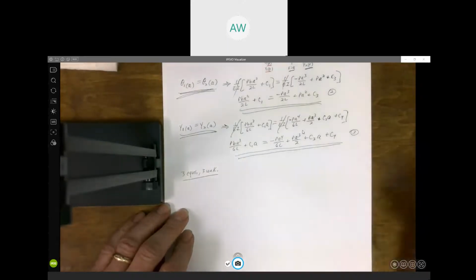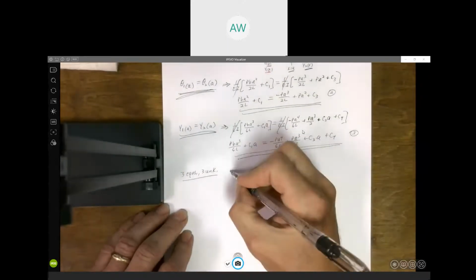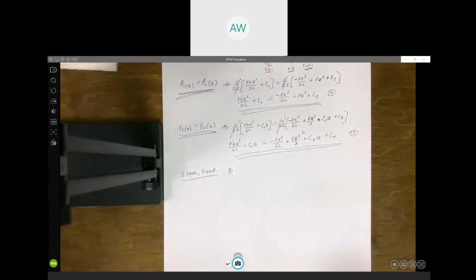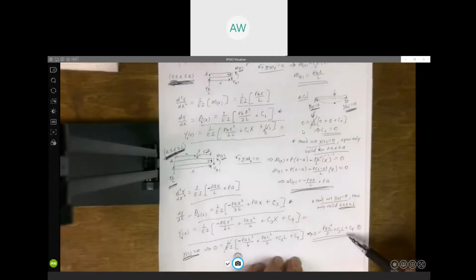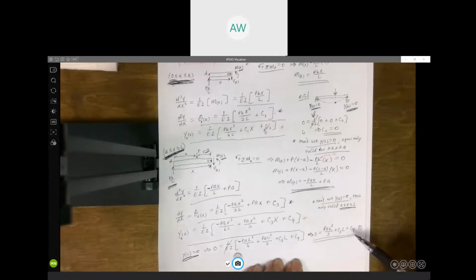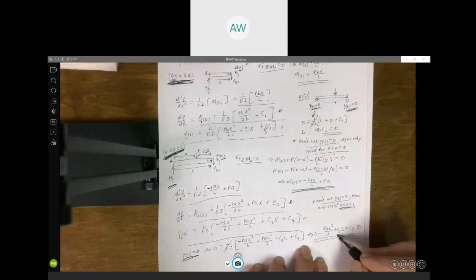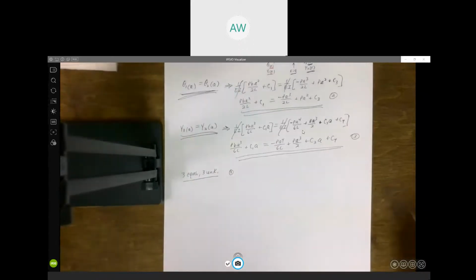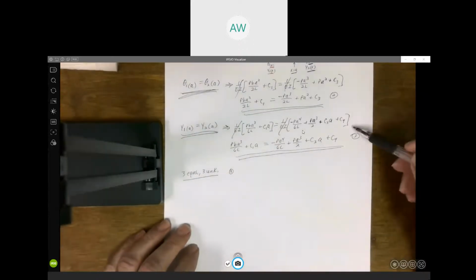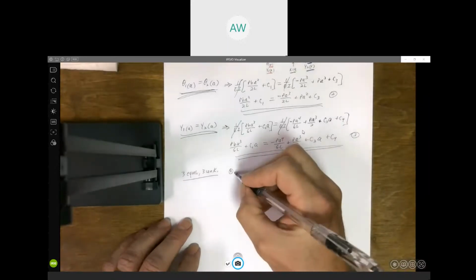I actually went through this, but if you take our three equations, just to remind you, we had equation 1 from the previous page that involved our unknown constants of integration. So we take this equation, and then these two equations, and we've got three equations, three unknowns.